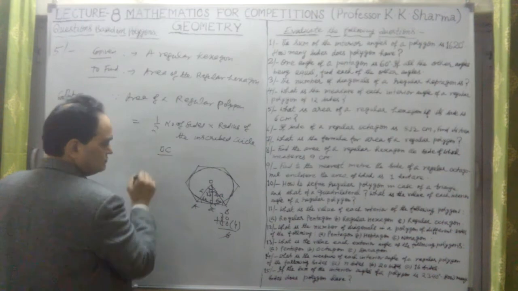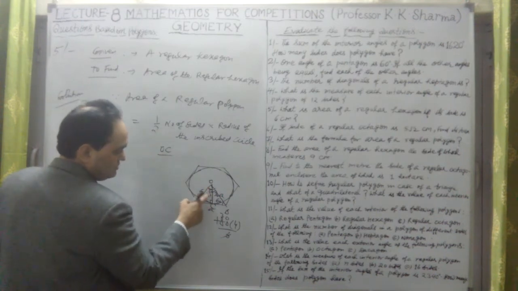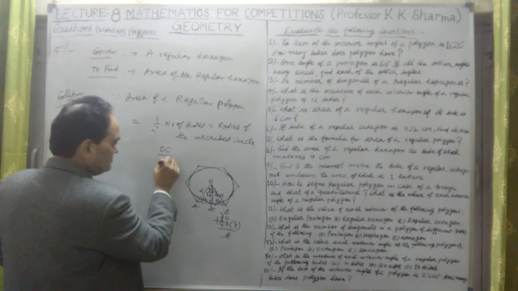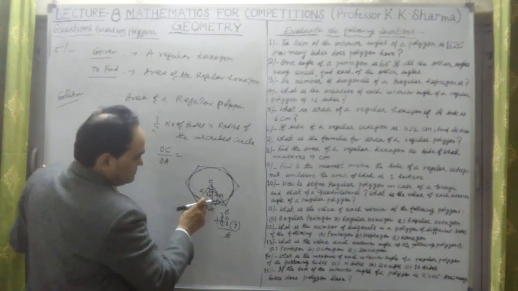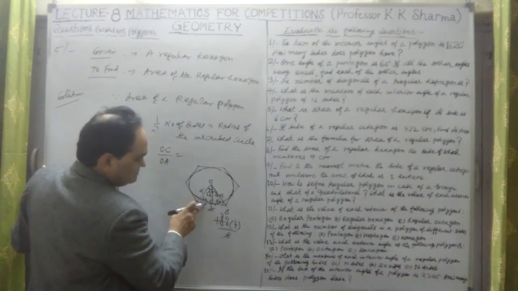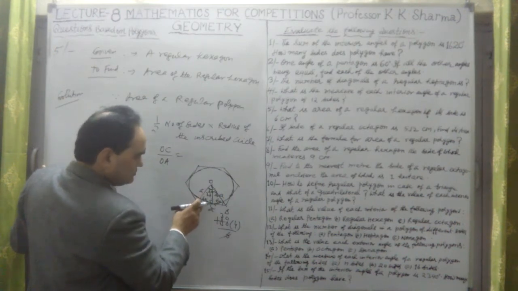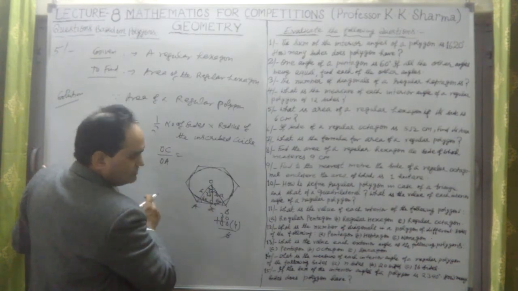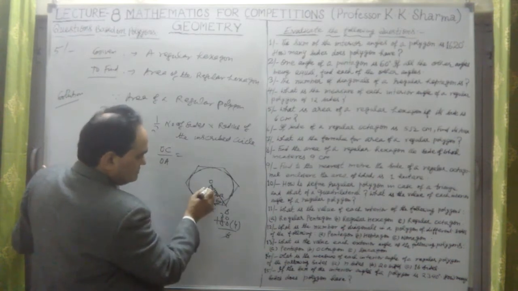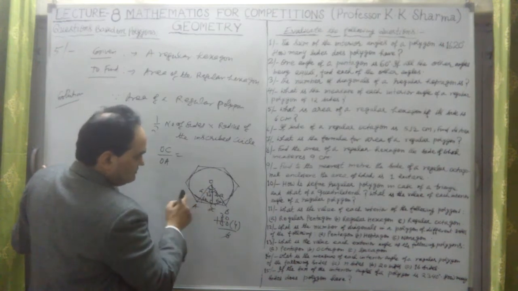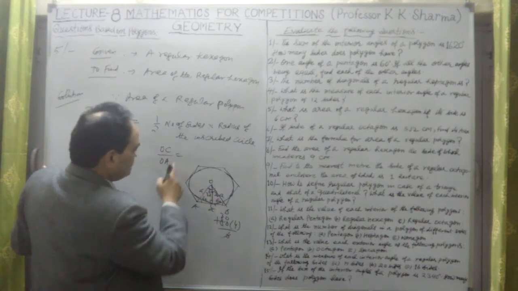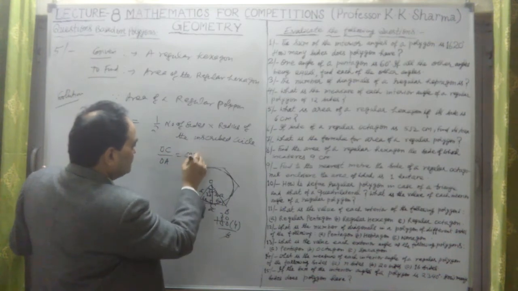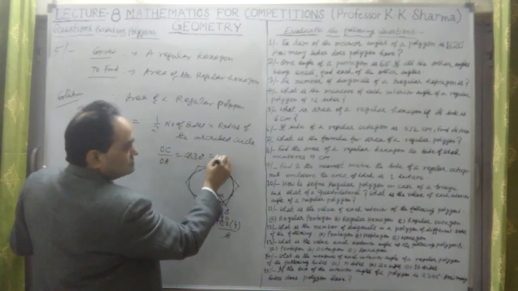OC upon OA, in this case the side is given. Because this is the angle bisector, if I take this angle 30 degree, it will be perpendicular upon the hypotenuse. So base upon hypotenuse is cos theta. So it will be cos 30 degree, which is root 3 by 2.